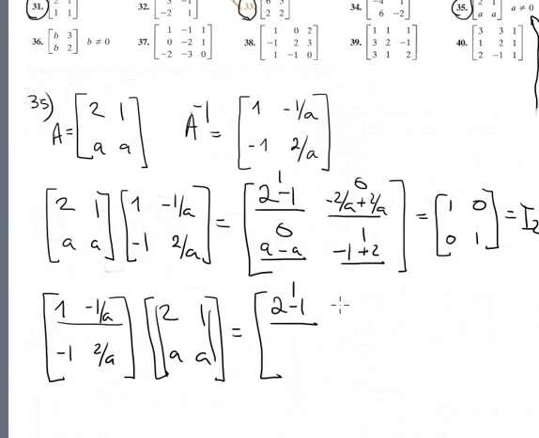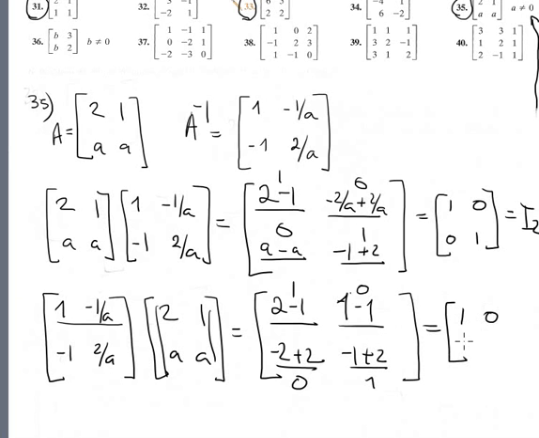This times this is negative 1 plus 1, which is 0. And this time this is negative 2A over A, plus 2, because 2A times 1 over A is positive 2, which is 0 again. And finally, this is negative 1 and plus 2, which is 1. Again, the answer is the identity matrix of dimension 2.